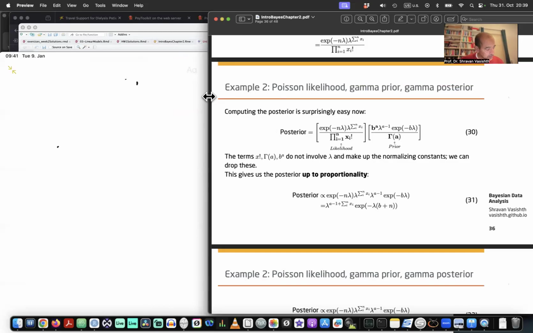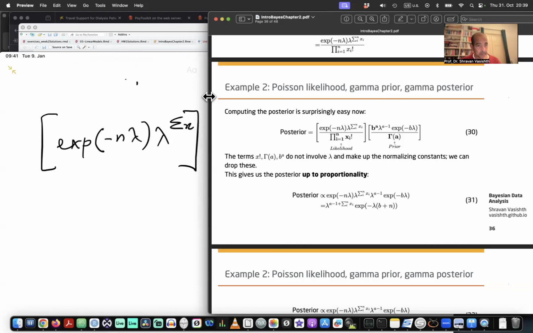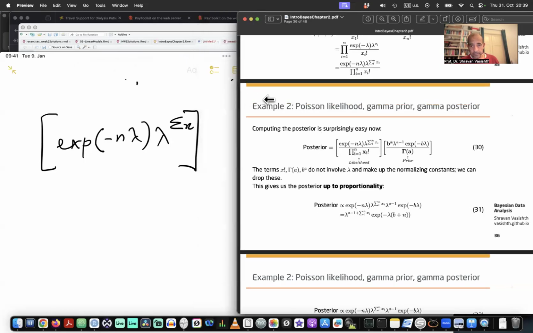So I've got the kernel of the Poisson likelihood, minus n lambda, right? And then I've got lambda to the summation of x, right? That's my likelihood. And let me make some more space here.